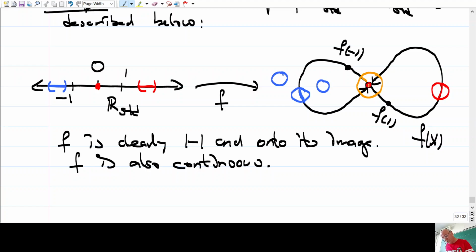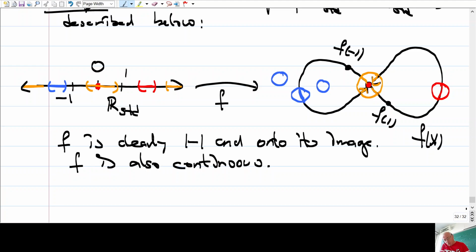One piece like this, which corresponds to an interval like this, and then another piece like this and another piece like that. You see all of these are open sets, right? Inverse images of all these balls are open. So f is continuous.